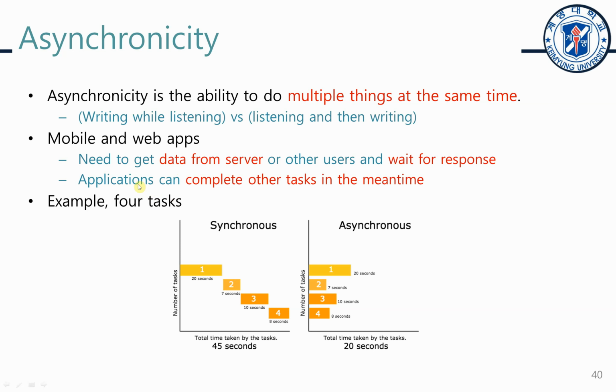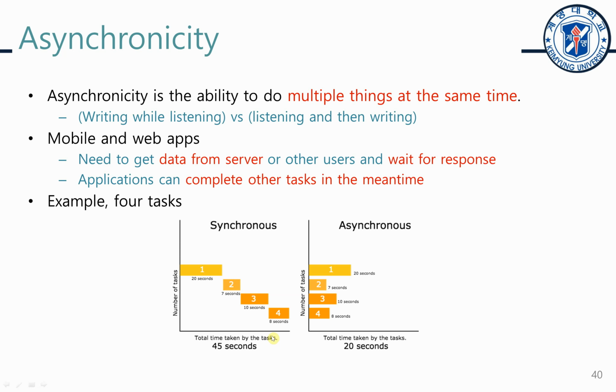So take a look at these two graphs where we have 4 tasks with different completion times. In synchronous or sequential programming, the first task will be completed, then the second, then the third, and then the fourth. That means it will take up to 45 seconds to complete.